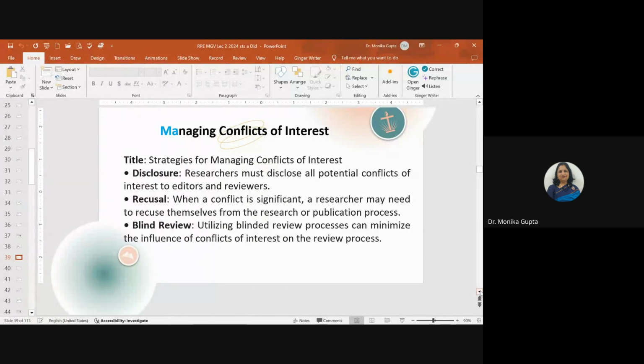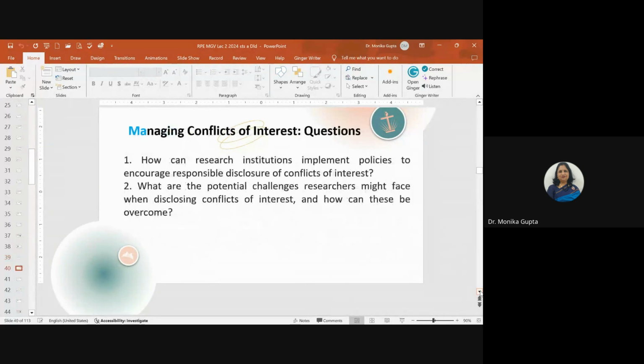Additionally, utilizing blinded review processes where reviewers' identities are unknown to authors can help mitigate the influence of conflicts on the review outcomes. Right? So, disclosure, recusal, and blind review can be some of the strategies. We can add more to this.